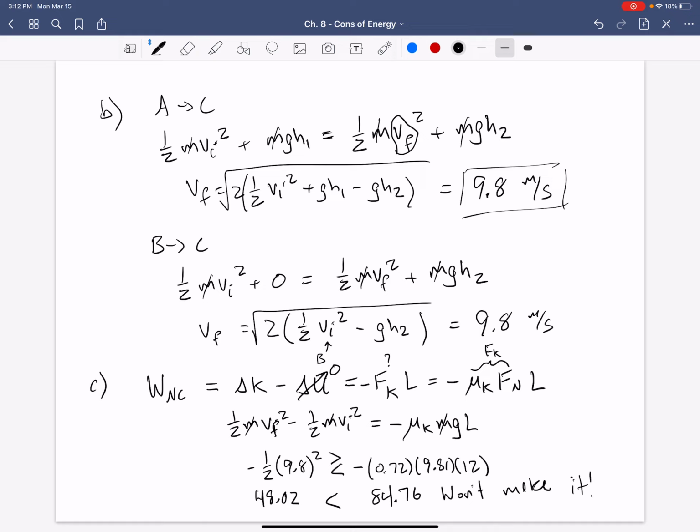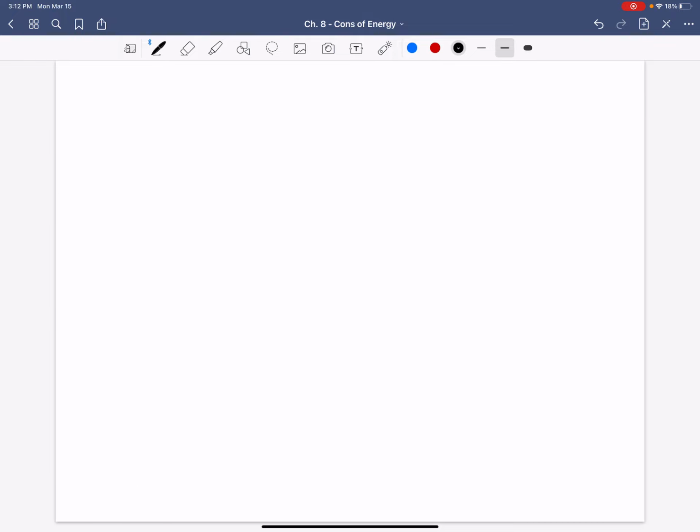Oh no. So now we want to solve for at what distance along L does it stop. This was part D, I believe. Now we do know the final speed. The final speed's 0. So we can say the work non-conservative is equal to the delta K. This is the work kinetic energy theorem from last chapter.